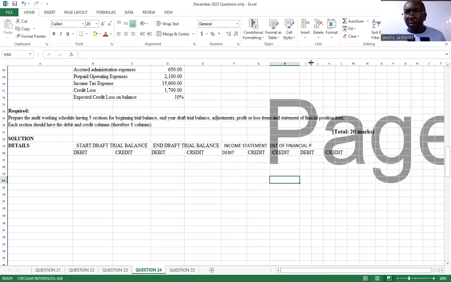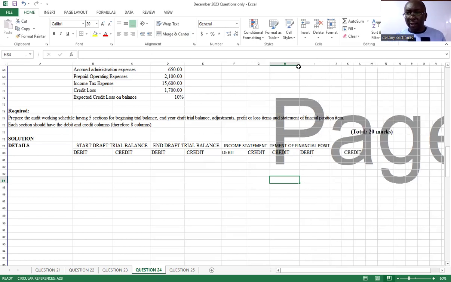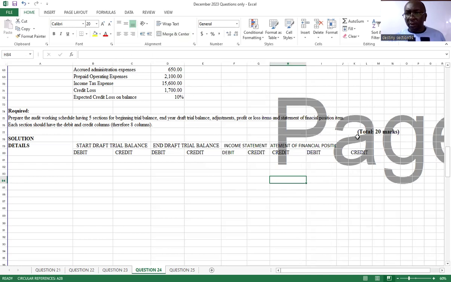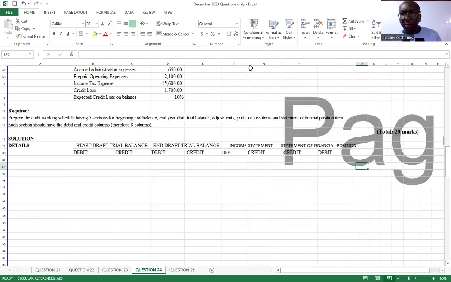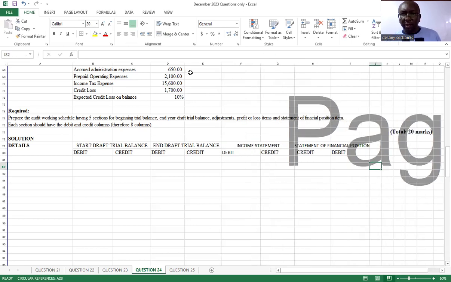So this one must be expanded. This one also. So statement of financial position. This one I don't require. This one we don't require. So this one we can expand. This one we can also expand a little. This one we expand a little.